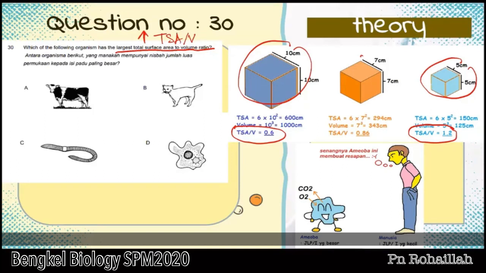Means that organism yang kecil, TSA over V dia besar. So which one? The amoeba here. So that amoeba can do respiration through the diffusion. Sekejap.